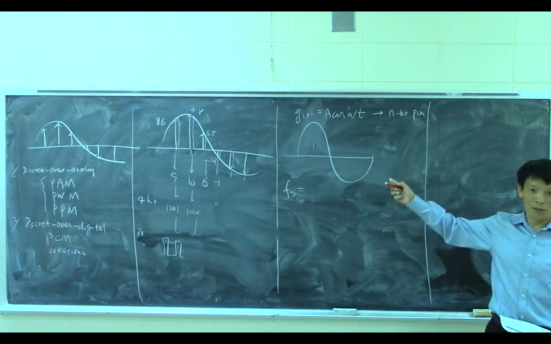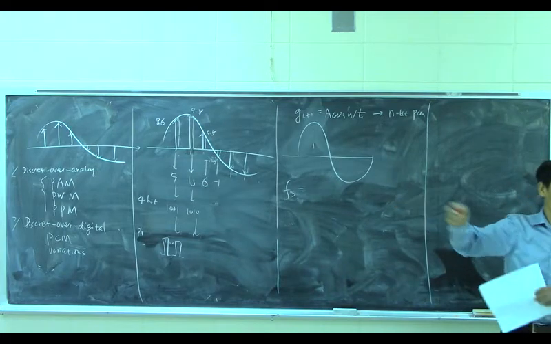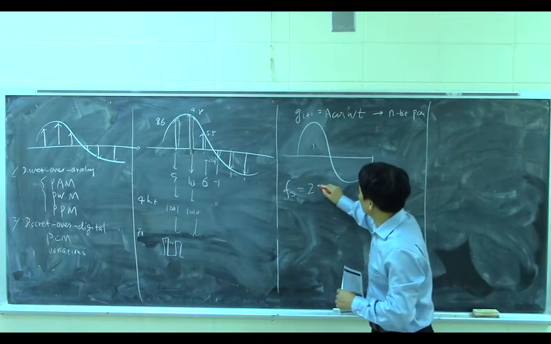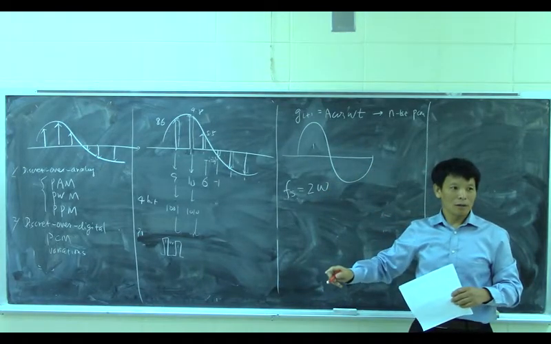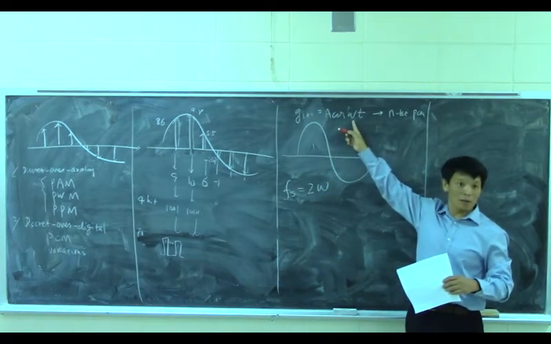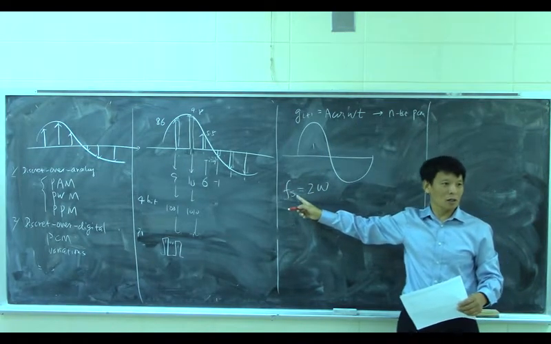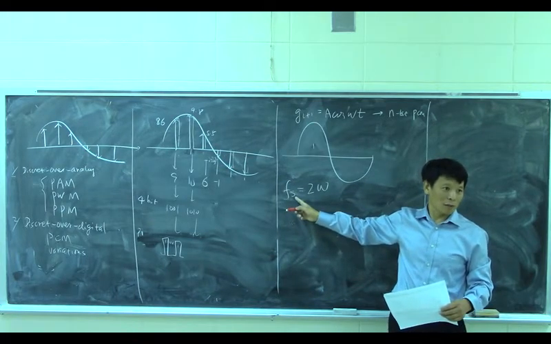Two times the bandwidth, yes. So it will be 2 omega. This frequency equals omega, so we just use 2 omega, at least this large. This is called the Nyquist frequency.